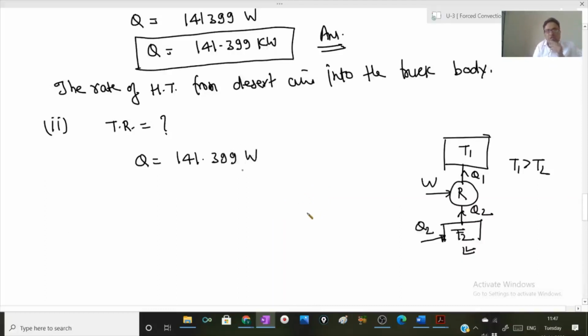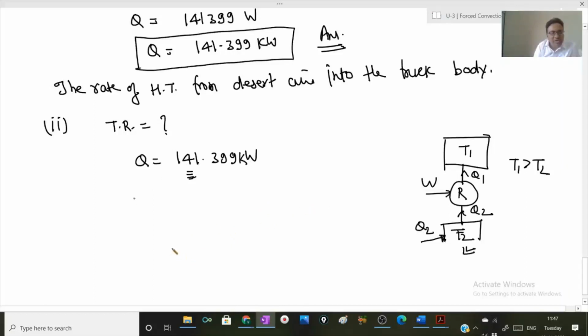So in order to maintain the truck body temperature always at 10 degrees Celsius, the refrigeration plant inside the truck has to remove the heat at the same rate at which it is leaking into the truck body. So the capacity of that refrigeration plant should be how much? 141.399 kilowatt of heat is to be removed.